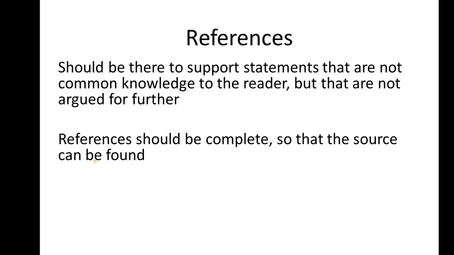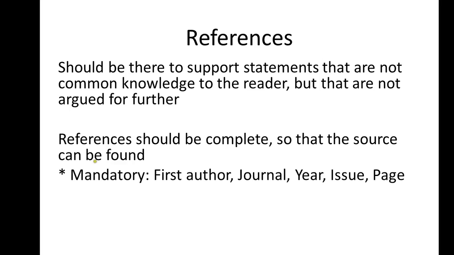And these references should be complete so that the source can be found in a unique way. And if you have an article, which is the main thing that you should have, then there are a few things that really are mandatory. It's the name of the first author, the journal, year, the issue number, and the page number.